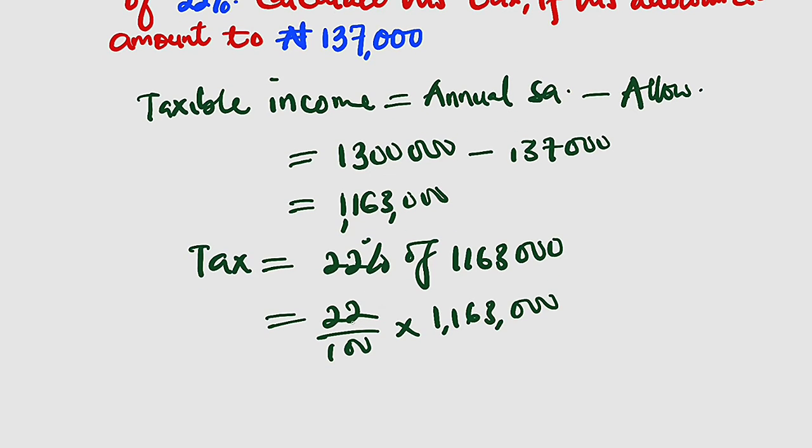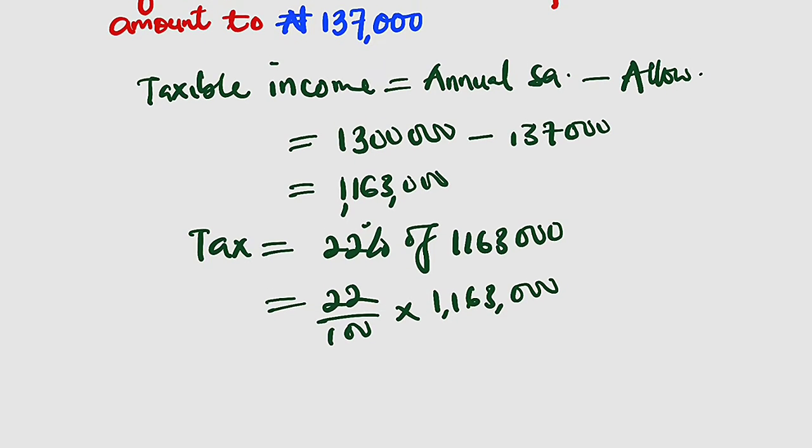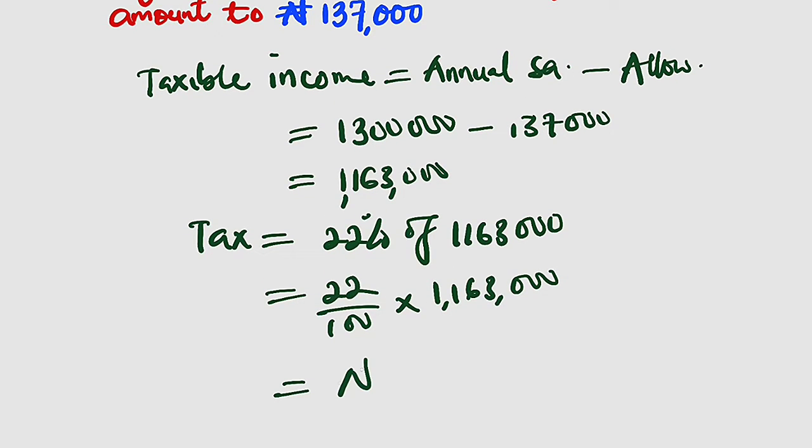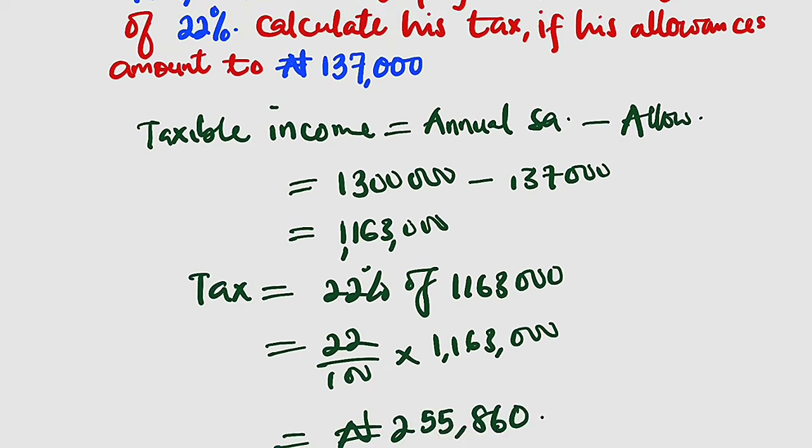So just use your calculator, divide 22 by 100, whatever you get you multiply by this, and that will give us 255,860 naira. So this is what he's going to pay as tax. Now let us move on to question number 7.